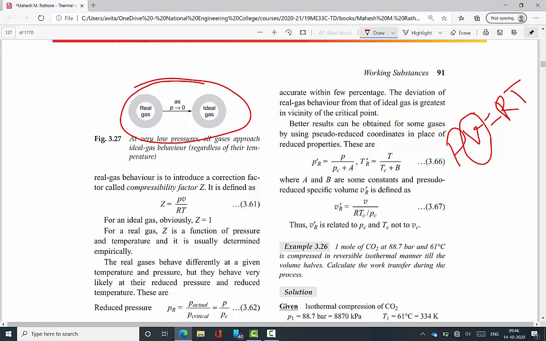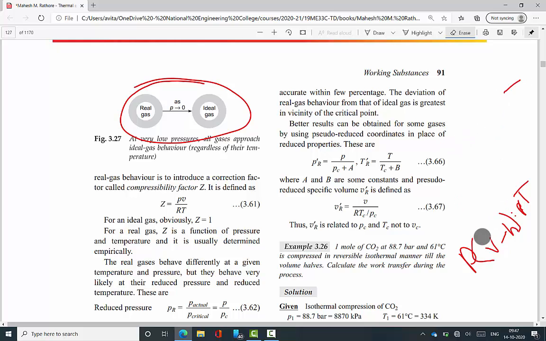The subtracted volume is only the volume occupied by the molecules, leaving the remaining volume of the container. Therefore, for that deviation, for example, if the volume of each molecule is considered B, then P into V minus B equal to RT. Okay, these things are right.